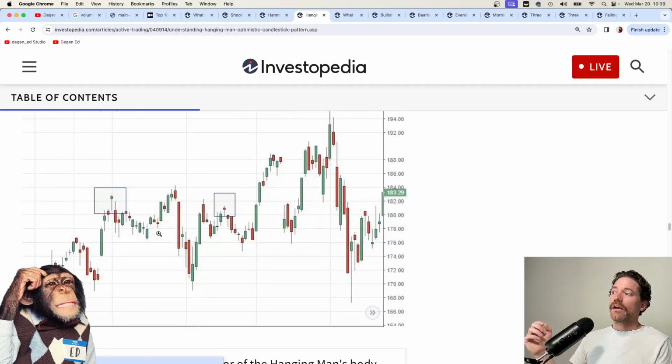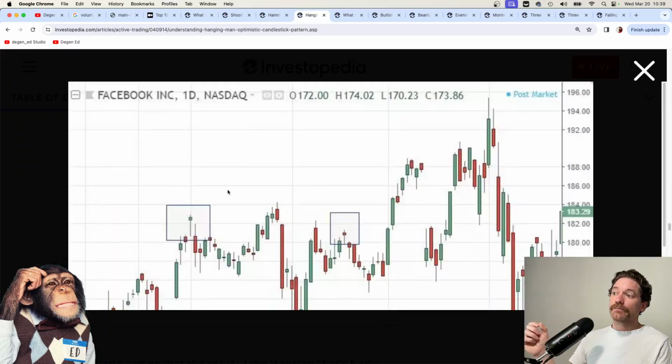Okay, yeah, here. These do look like hammer candles, but they are at the top. That's why with a hammer candle, you look to a hammer at the base of a downtrend. If you see a hammer at the top of an uptrend, or following an uptrend, that could suggest a reversal.